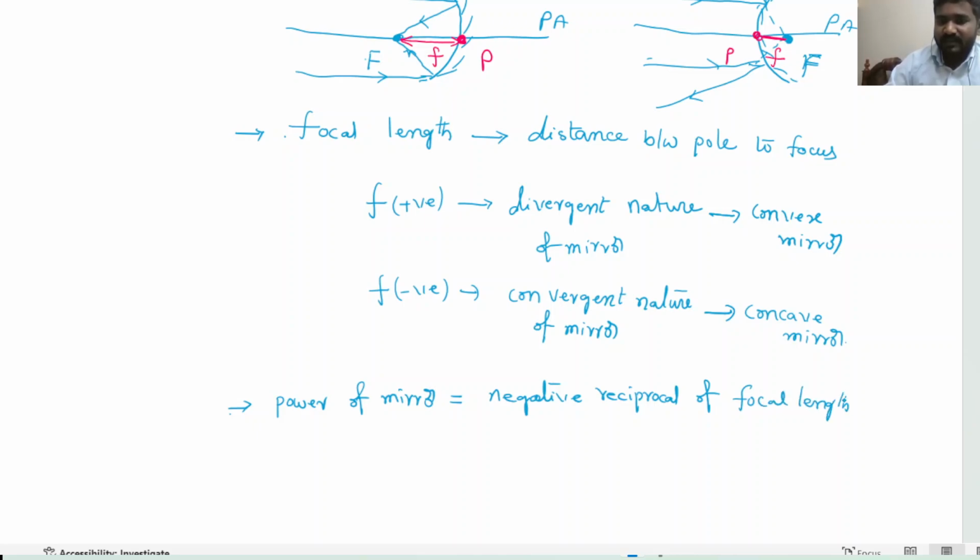Power of a mirror is denoted by P, so P equals minus 1 upon F. If focal length is measured in meters, then the power of a mirror is measured in terms of diopters.